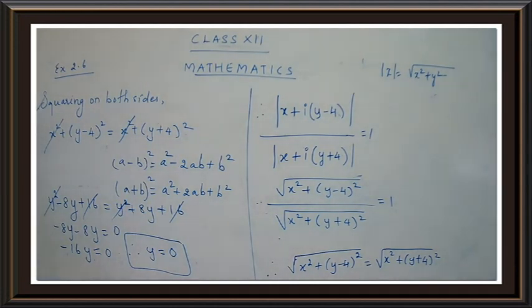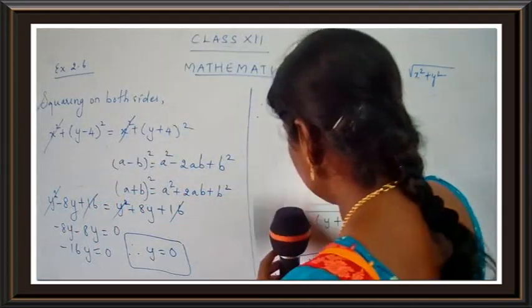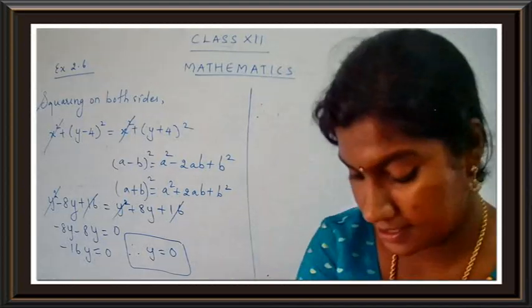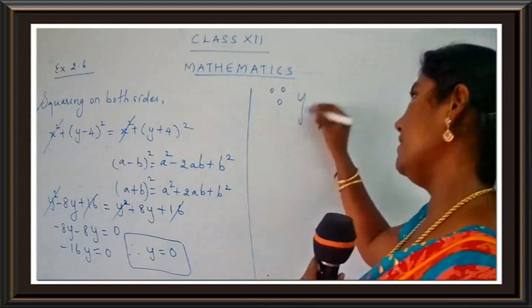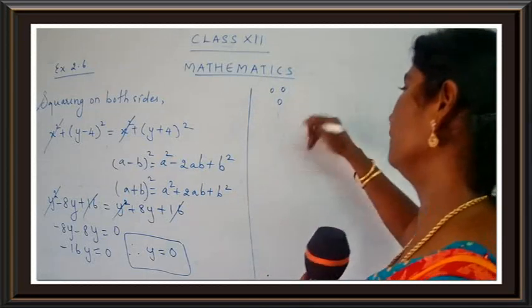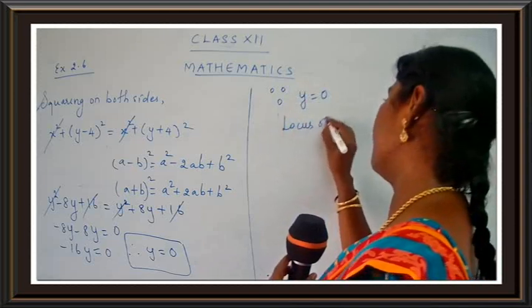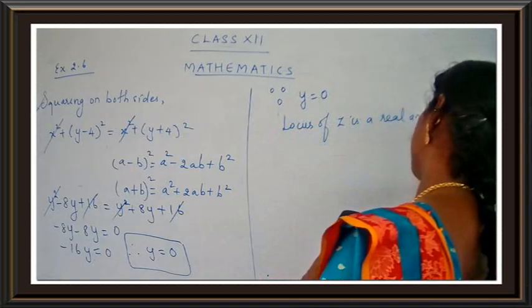So now what was the proof? What is the thing that you have to show, children? You have to show that the locus of z is a real axis. So write down, since y is equal to 0, locus of z is a real axis.